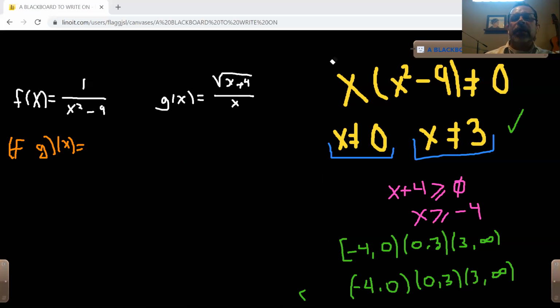Remember that when we have the composition of a function, it means that we are including one function within the other. So remember what we did there. If f is this one here, I take the place where the x was. So in this case, it's x squared minus 9.